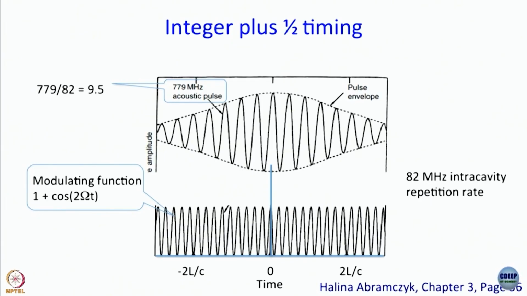Do not think that E0 is just a constant. It is not, because you are not dealing with a CW laser. Let us think for a moment that we have this laser with two high reflectors on the two ends, a gain medium, but no mode locking. It is pumped by a CW laser.